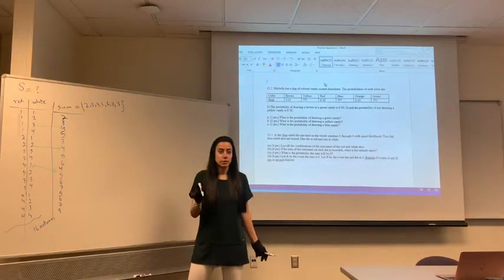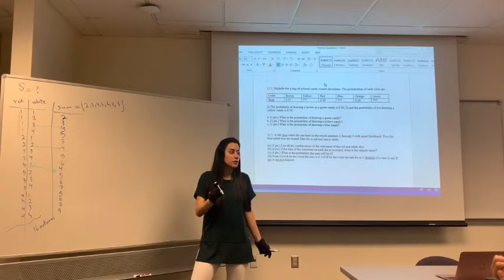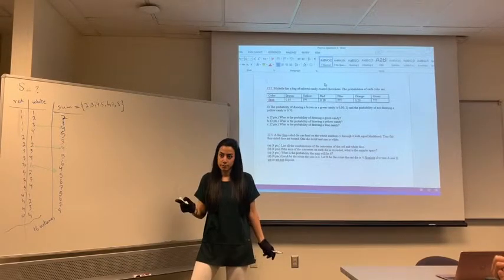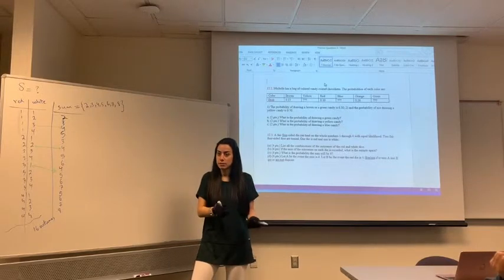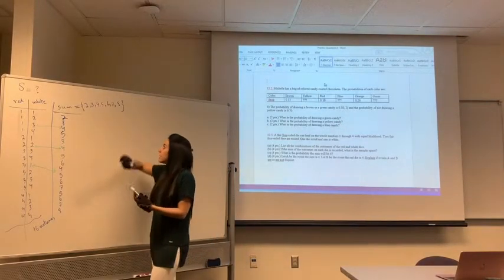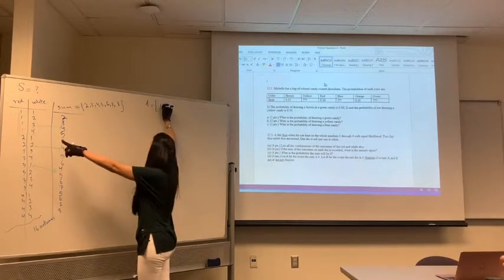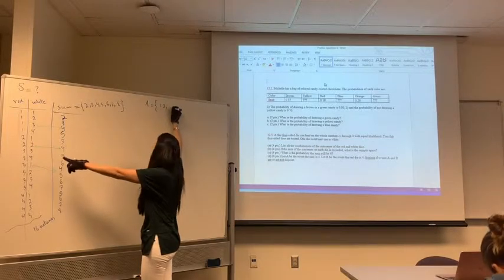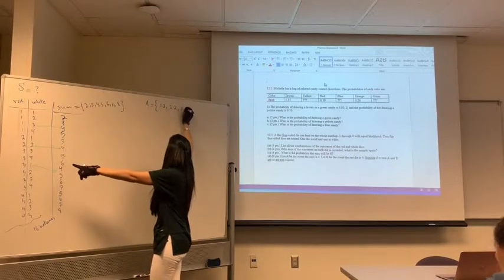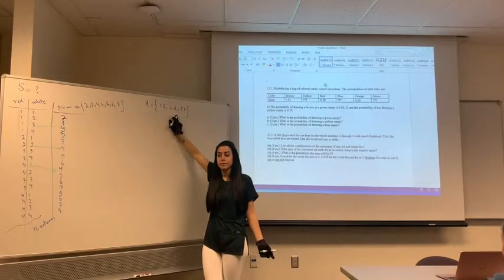We need the event. Do you remember the event was the set of outcomes that we are interested in, or the question asks us about? So our event, let's call it A. Event A has 3 outcomes, and these are the only outcomes out of the sample space that give us summation 4, right?